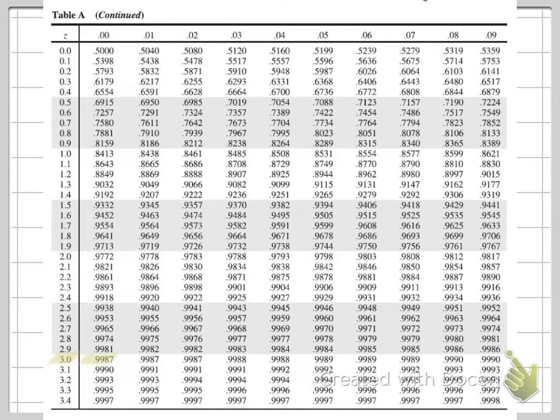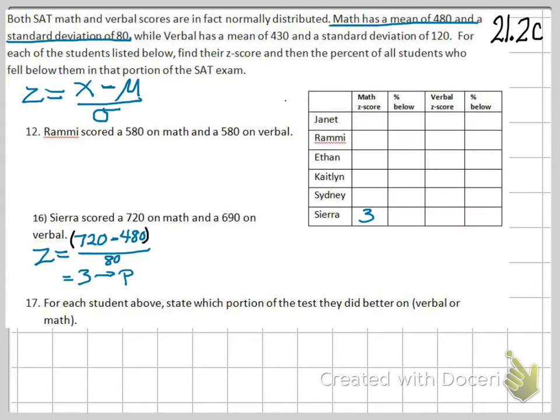But here's my number, 0.9987. The table does ask me for a percent, so I'm going to move that decimal over 2 places and write it right over here as 99.87%.